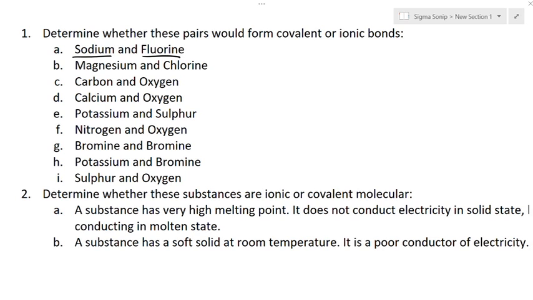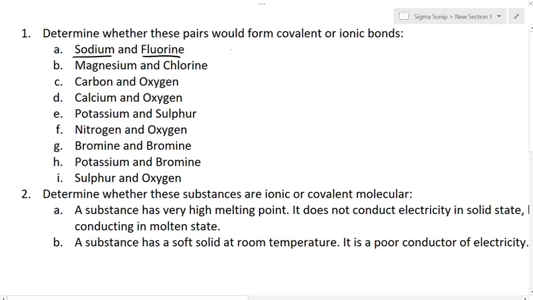If one atom needs to gain an electron and the other needs to lose one, then a complete transfer of electrons would take place, and you would get ionic substances. But if both atoms need to gain electrons, then the only way they would combine is to form covalent bonds. So let's look at the first one, sodium and fluorine.